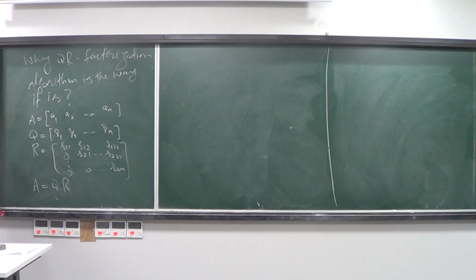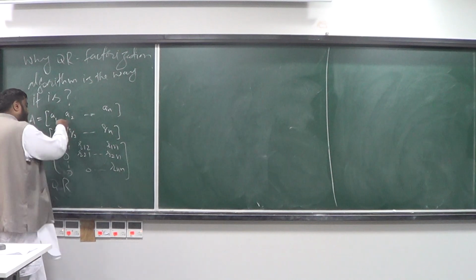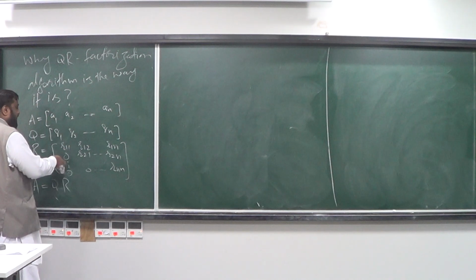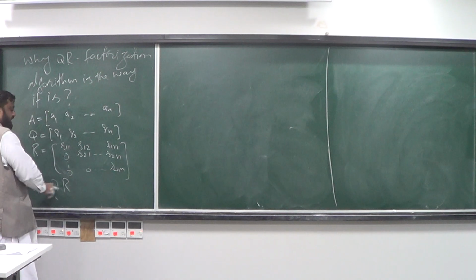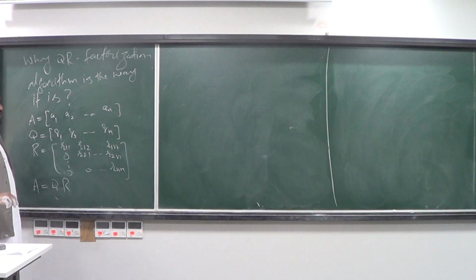When you multiply with the first column, this should be equal to A1, because these two matrices are equal.